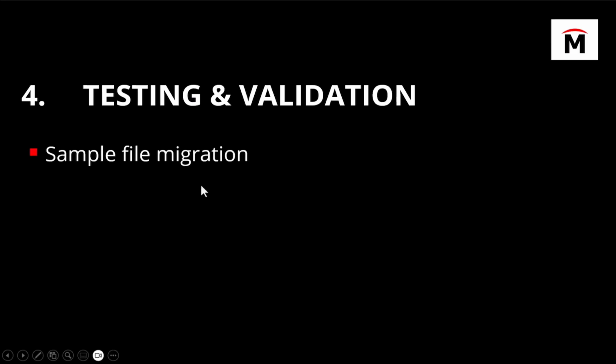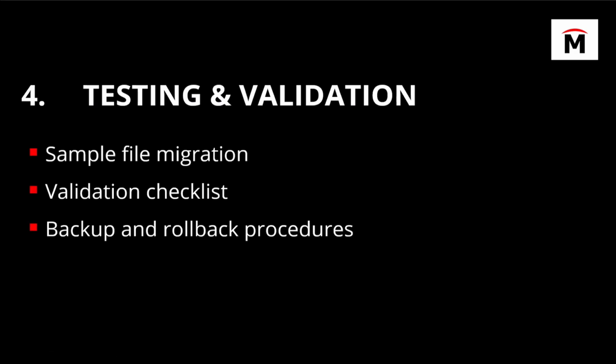Now that we have your system set up, we have a clear understanding of what you're trying to achieve. The software is running both on the server and the client, and we have an initial configuration. This is where we move into testing and validation, where we start performing things like sample file migrations, running through our validation checklist, and ensuring that all the backup and rollback procedures have been fully implemented.